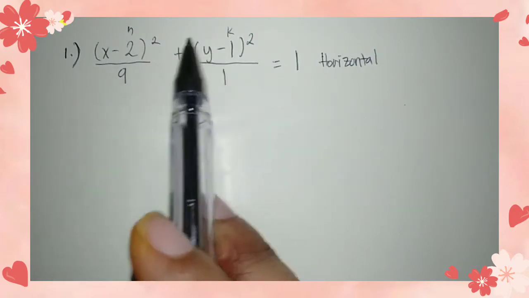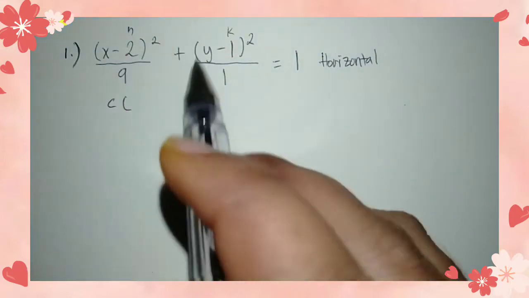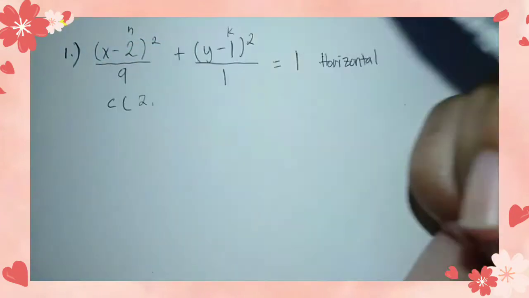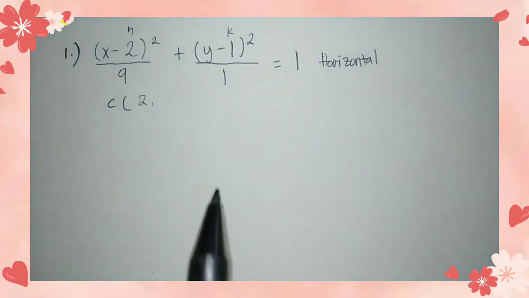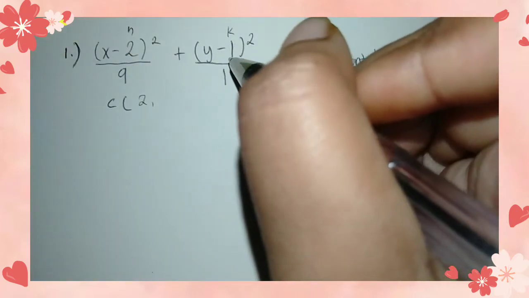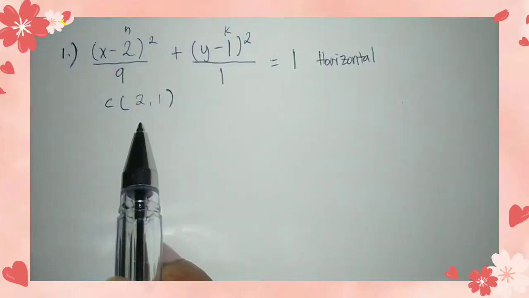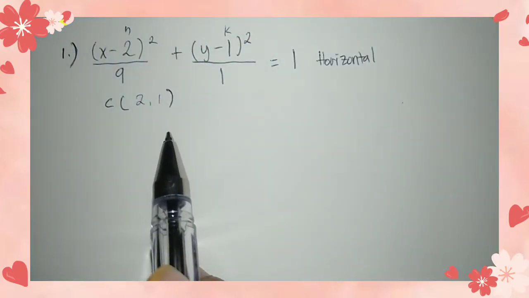So, h and k. So, we have our center at, ang ating h is negative 2. Since we are going to equate it to 0, it will become positive 2. Always remember, una palagi si x, okay, before kay y, okay? So, we have negative 1 as our k, and since we are going to equate it to 0, it will become positive 1. So, we have 2 and 1 as our center, okay?